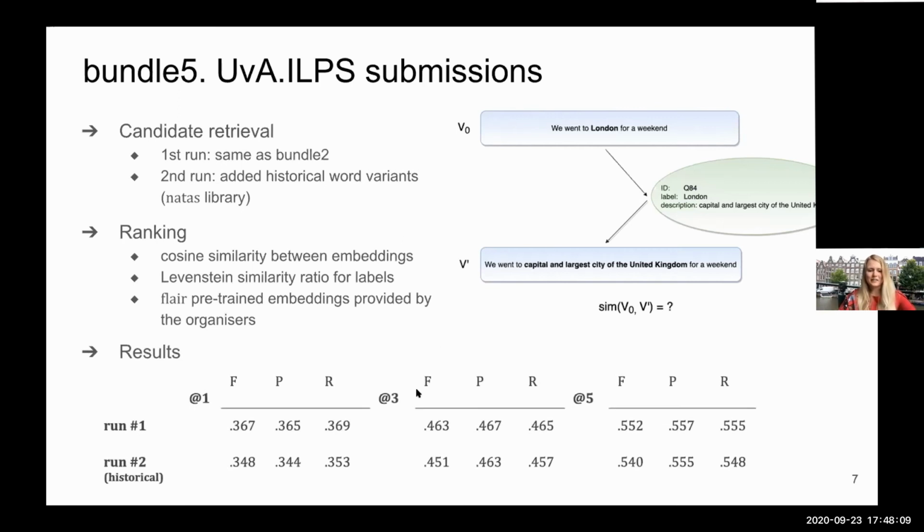So the results are much better at 5 than they are at 1, which is because the submission was not optimized for just one best candidate. And an interesting thing to notice is that when I tried historical word variations, it didn't quite improve things. This is because it introduced more noise.